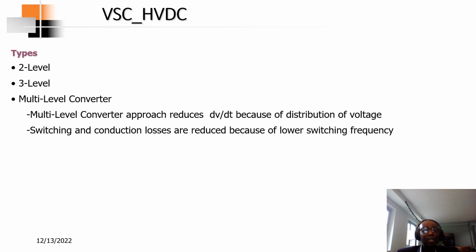Multi-level converters typically use about 250 hertz or 125 hertz. That translates into lower switching losses. Also, the harmonic distortion is reduced, which basically eliminates the need for filters and introduces cost savings.